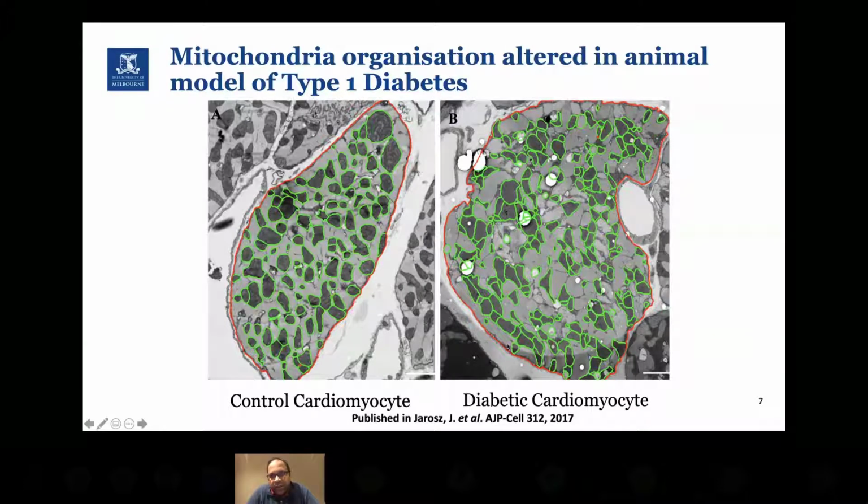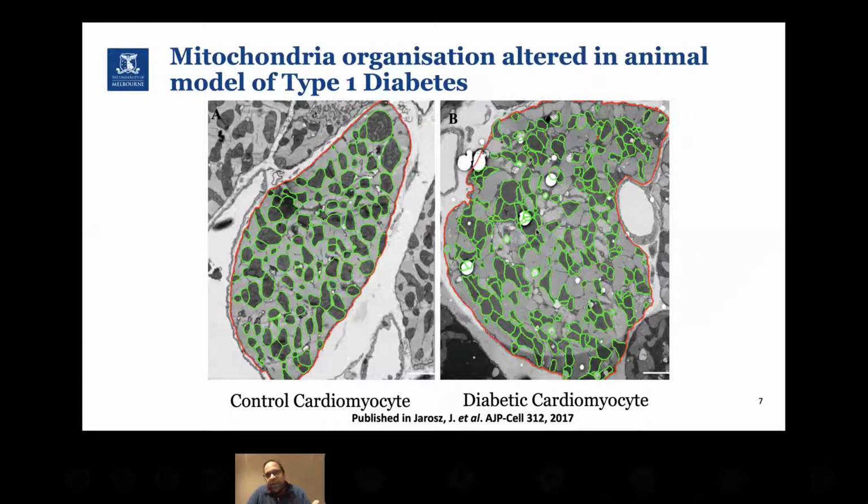If you look at the diabetic animal model, what we find is smaller mitochondria, more of them, and their almost crystalline architecture is a little bit more dysregulated. So one of the questions we had was, how does the positioning of mitochondria affect the energetics in the cell?